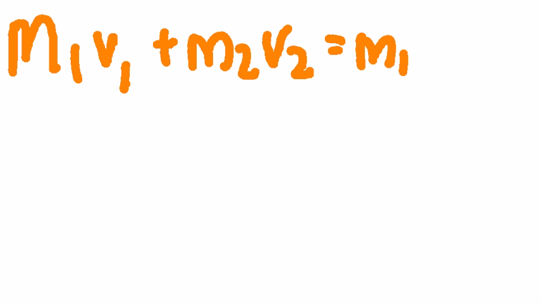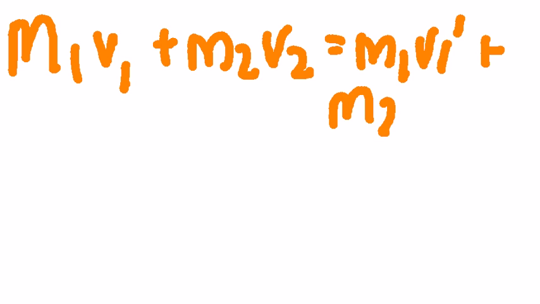Since it's elastic, we're going to be using the equation m1 times v1 plus m2 times v2 equals m1 times v1 prime plus m2 times v2 prime.